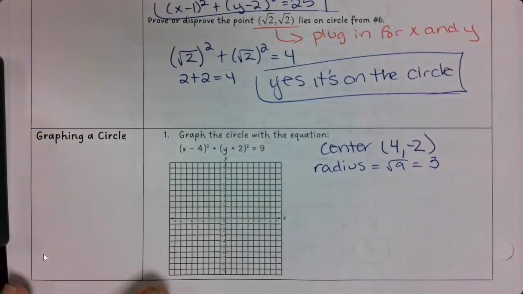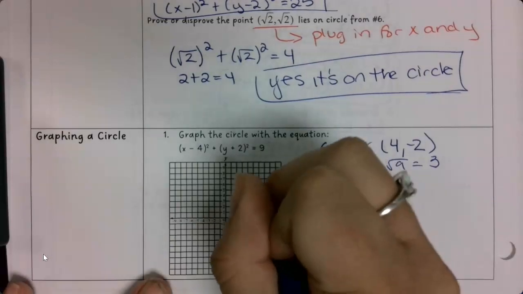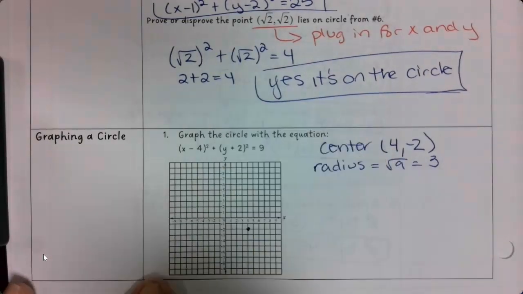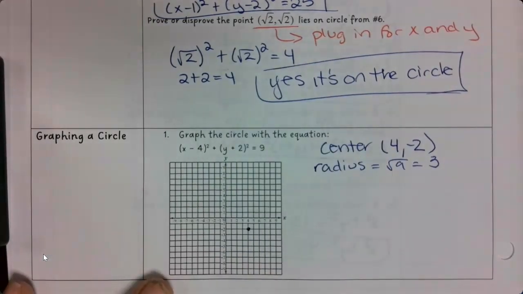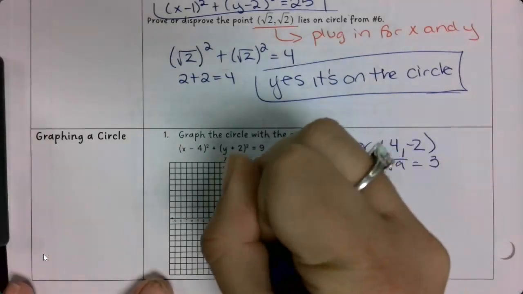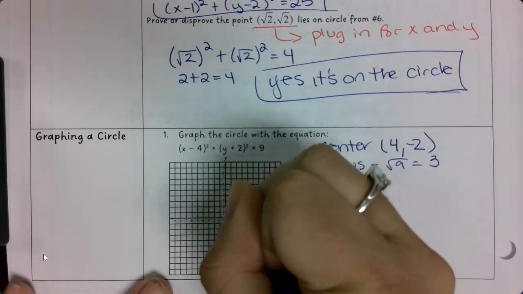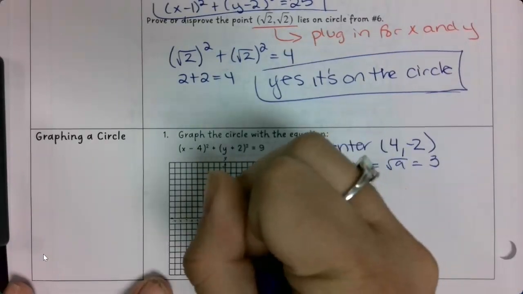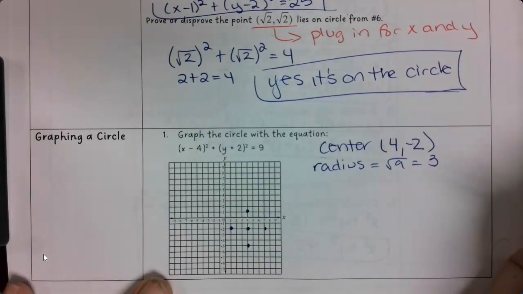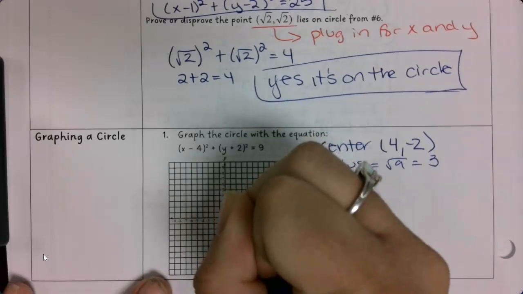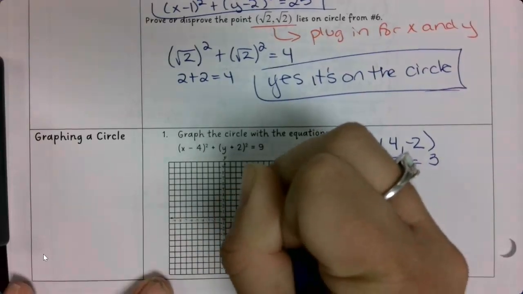So I want to go ahead and at (4, negative 2), plot a point for my center. And then with my radius, I'm going to go up and down 3 and left and right 3 from that point I just drew. So like that. And then I'm just going to try and make it a nice curvy circle going through all of those points.